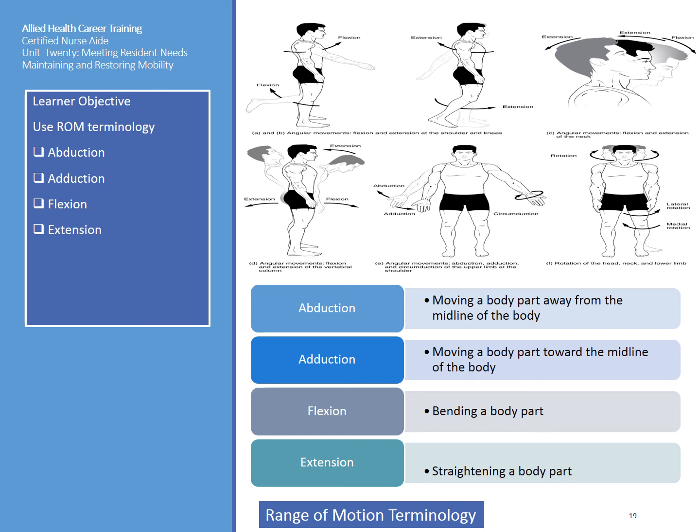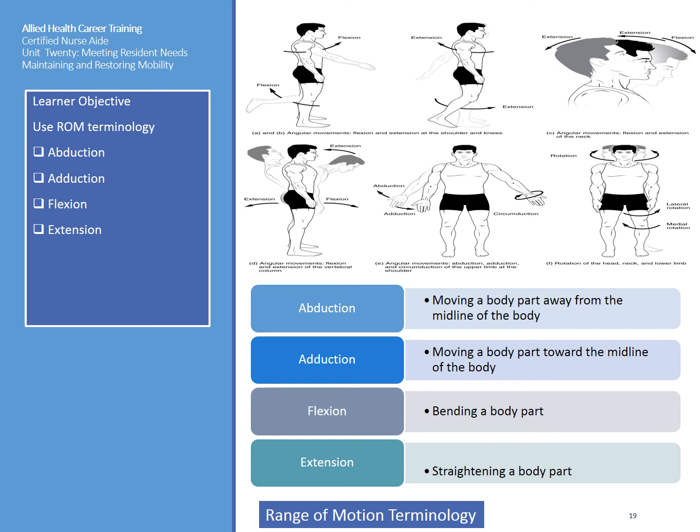I think of somebody taking something away, like an abduction of a child, somebody took that child away. So I think of that as remembering that I'm going away from my body. Then adduction, I think of adding numbers together, bringing it together. So that reminds me of bringing towards the body.